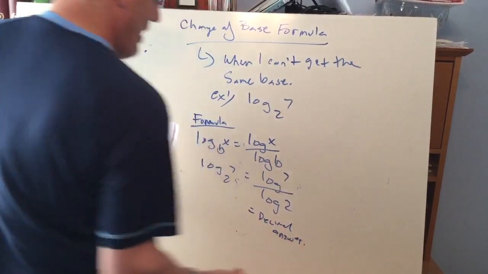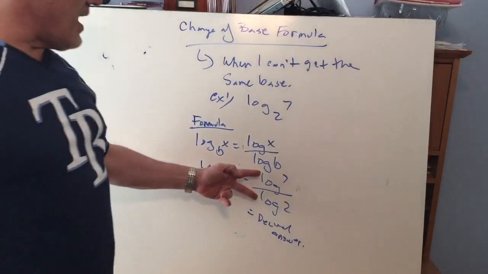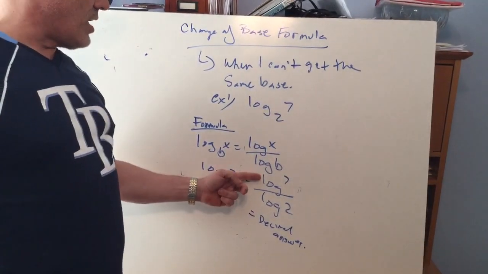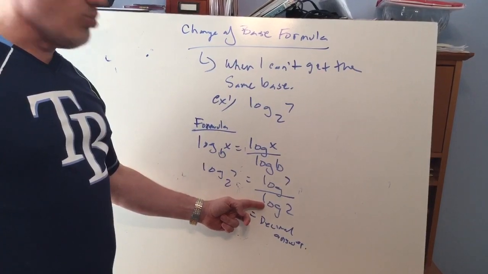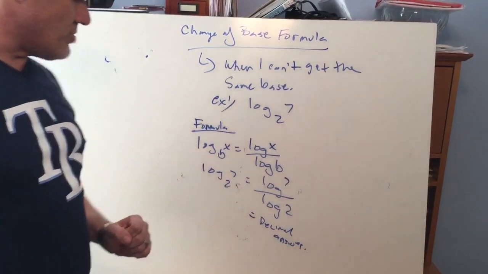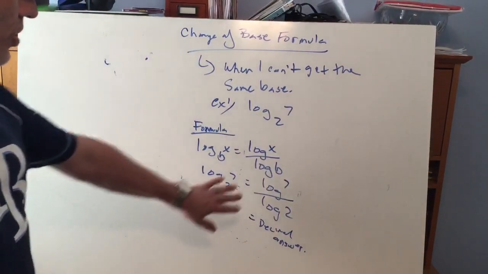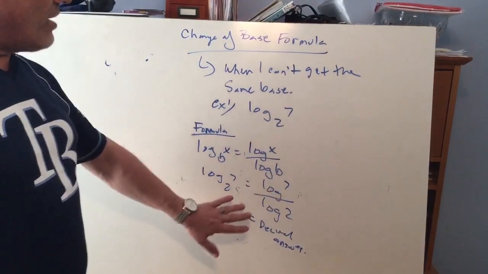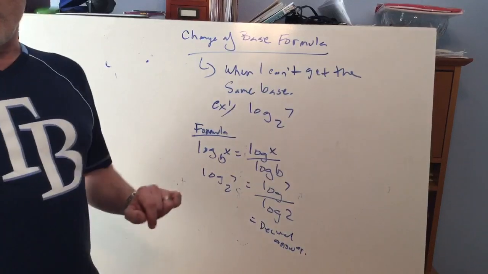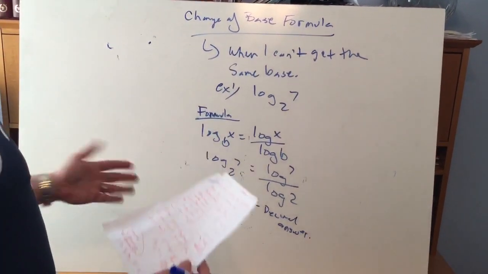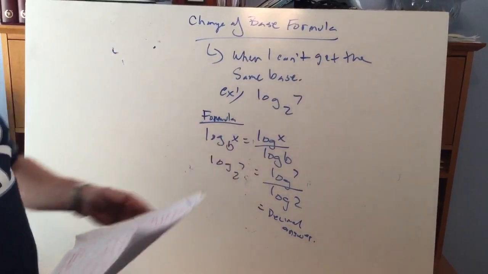I will allow you to leave it like that, but you can always divide log 7 by log 2 on your calculator and get a decimal answer. When we get back from this hiatus, I will show you how to work with your log button. That's a very easy one. It doesn't get any harder than that.